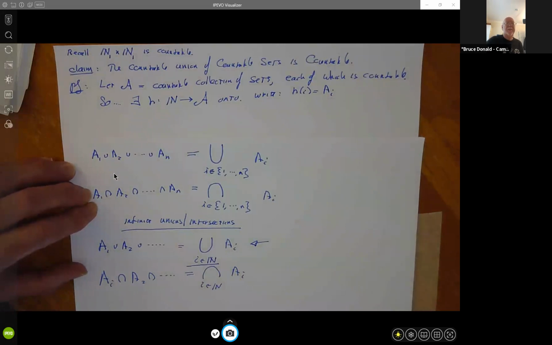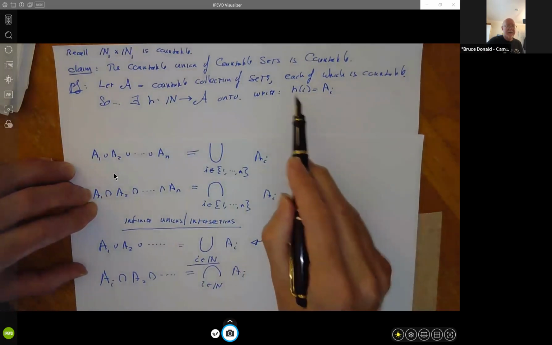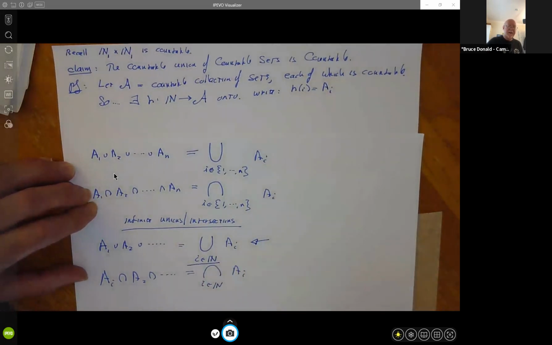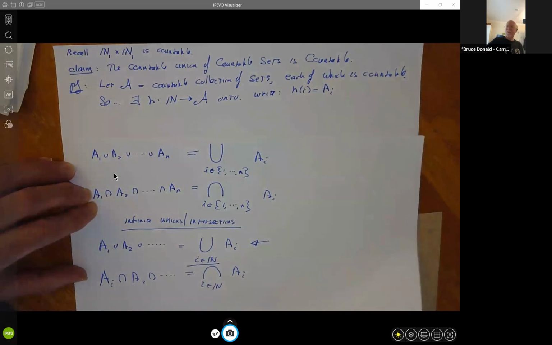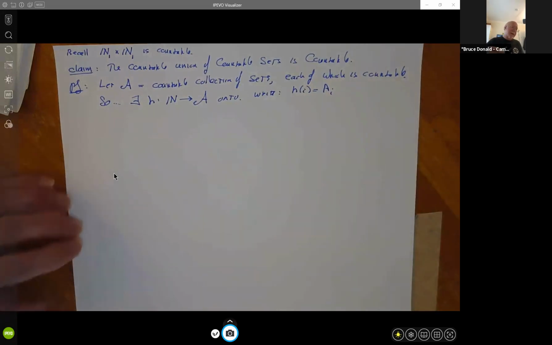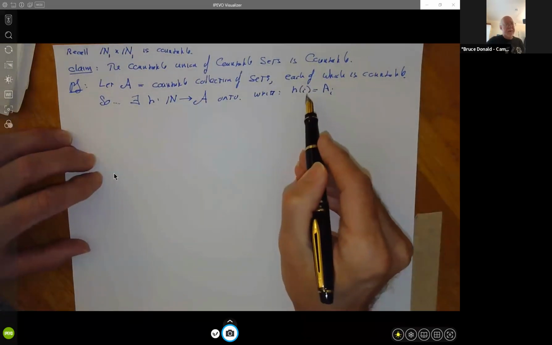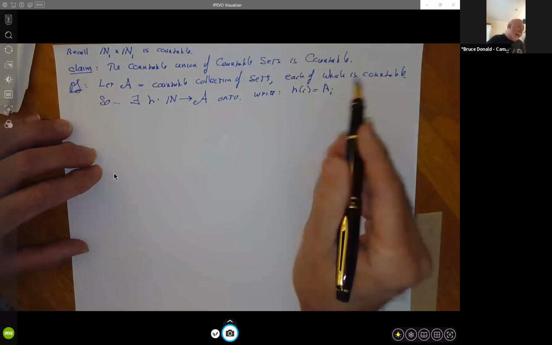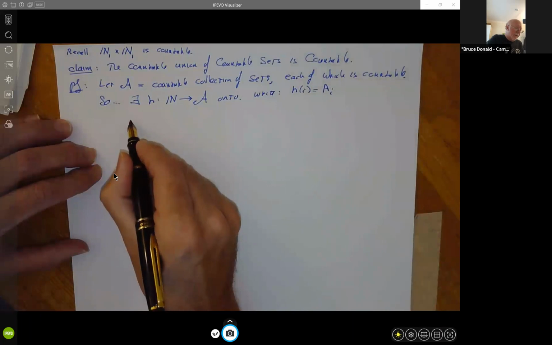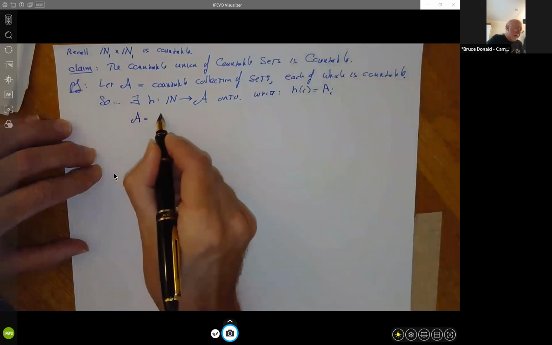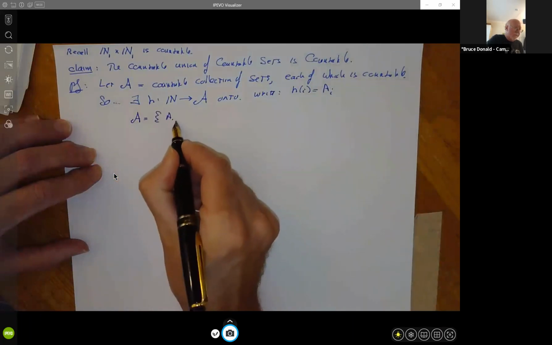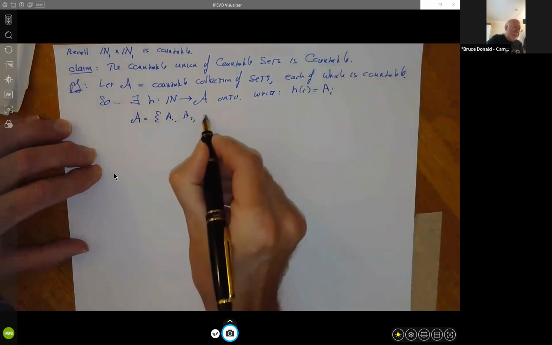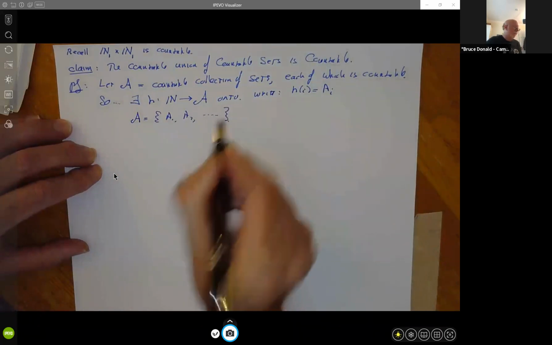The new information I'm adding is that each A sub i, which in this case is H of i as well, is countable as well, which gives us additional structure. Okay, so we write H of i, the image of i under H, is just the set A sub i like this. And that means we can write the set curly A very conveniently as just A1, A2, and so forth, an infinite collection. So that's our notation.